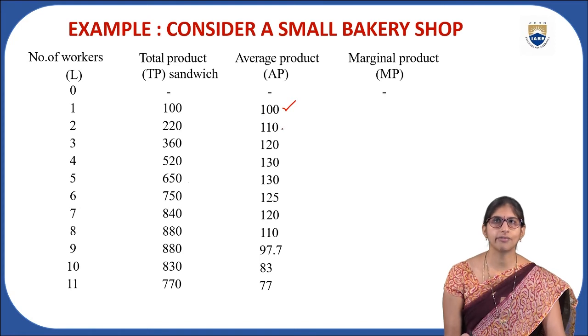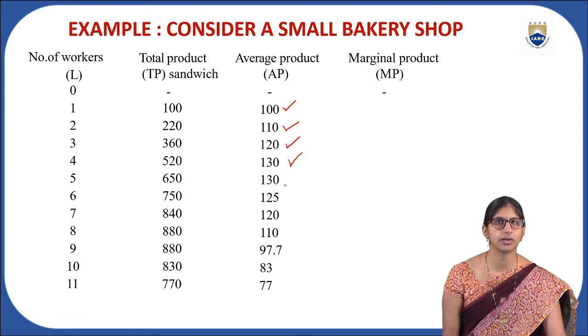Per worker, we can get 100 sandwiches. When we add the second one, the efficiency of the workers has increased and they can produce 110 per worker. When we add the third one, we can produce 120. When we add the fourth one, we can produce 130. And when we add the fifth one, see here, though we are adding an additional worker as input, the average product remains the same.